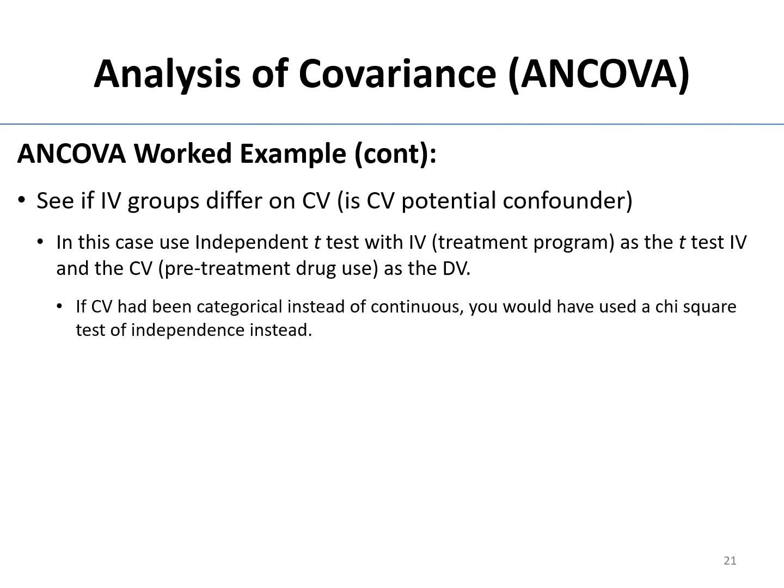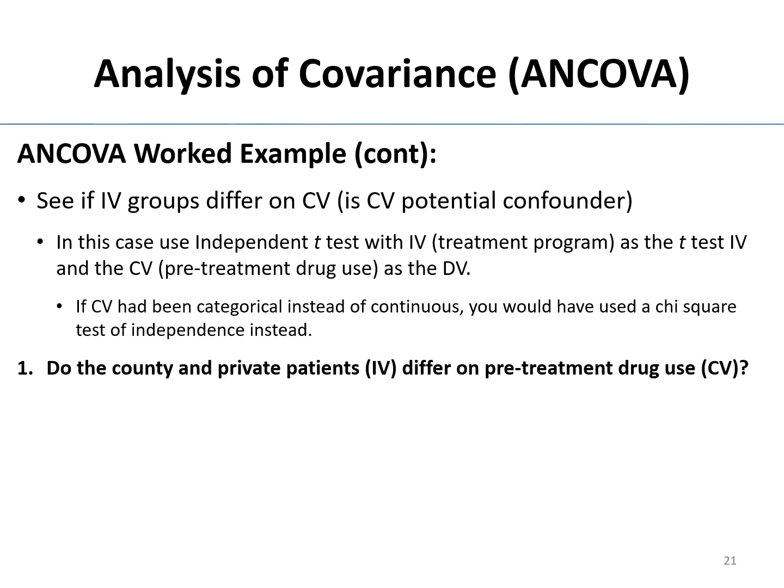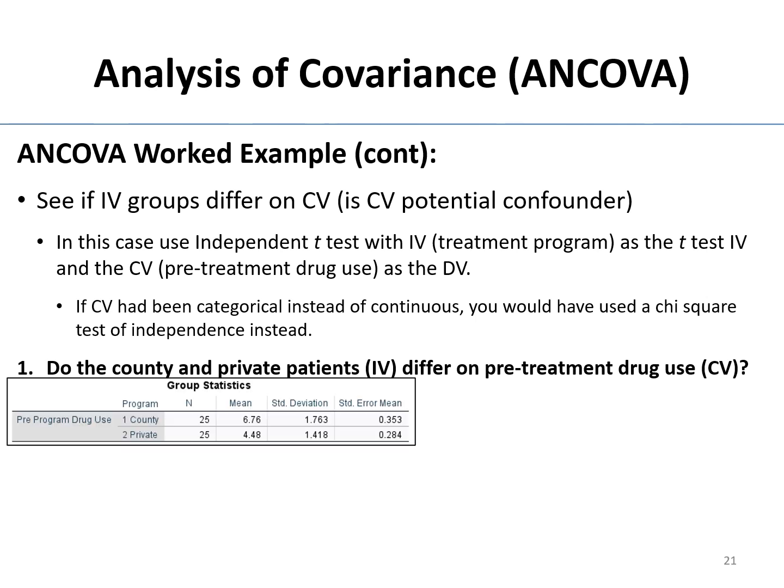If the covariate had been categorical, something like sex, we would use the chi-square test of independence for this instead, but we do have a continuous interval or ratio covariate, so we're going to go ahead with the independent samples t-test. Do the county and private patients differ on pre-treatment drug use?